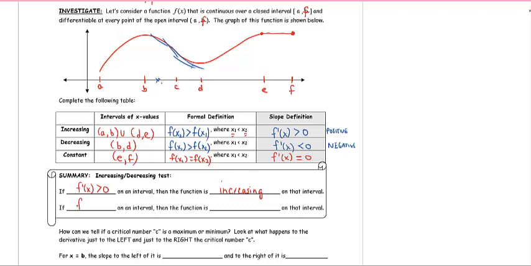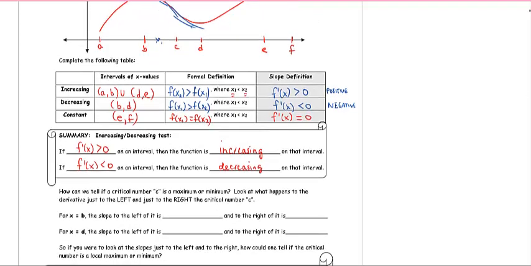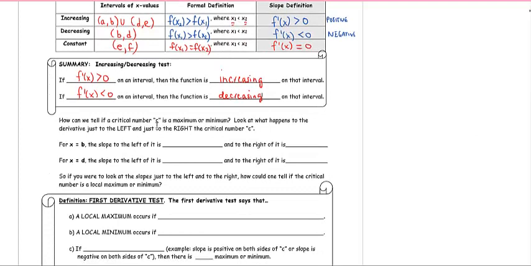And if the derivative is less than 0, then you know that the function is decreasing on that interval. So how can we actually tell if a critical number, which we call c, remember this is the x value, is a maximum or a minimum?